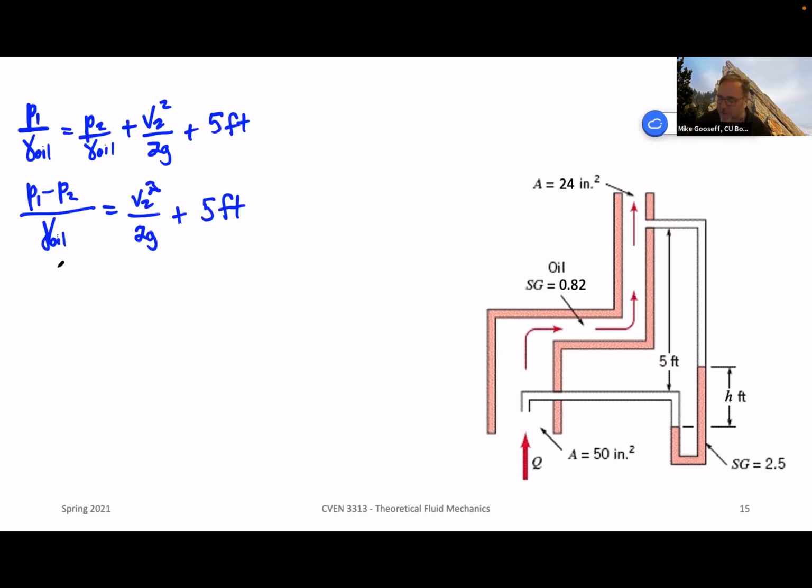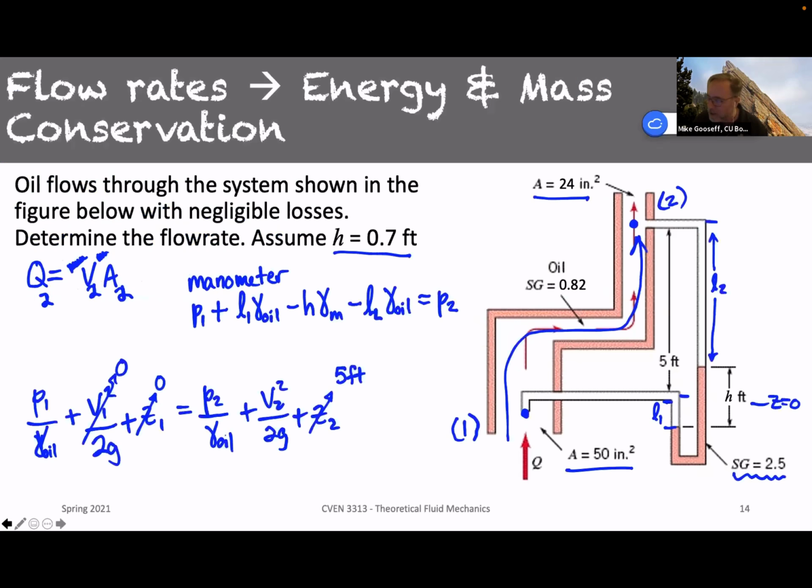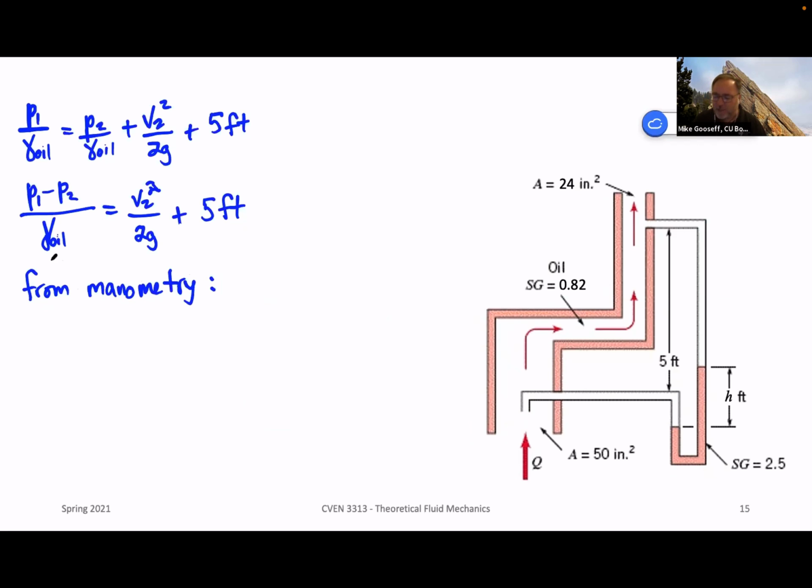And from the manometry equation, I'm now going to bring P2 onto the left-hand side, and then I'm going to divide through by gamma oil, and as you'll expect, that helps us with this term in the Bernoulli equation.